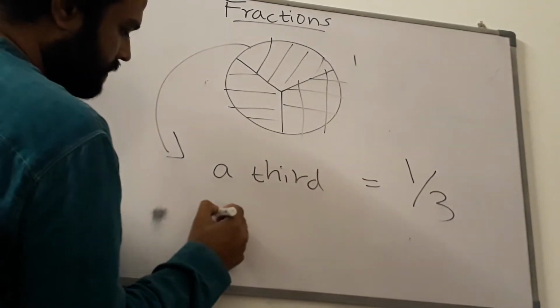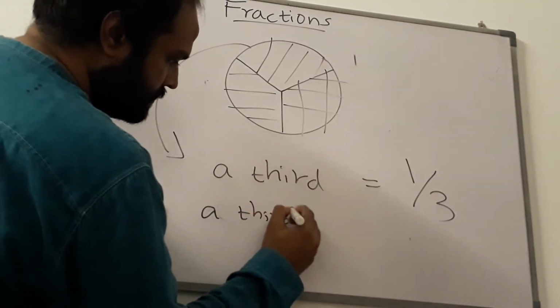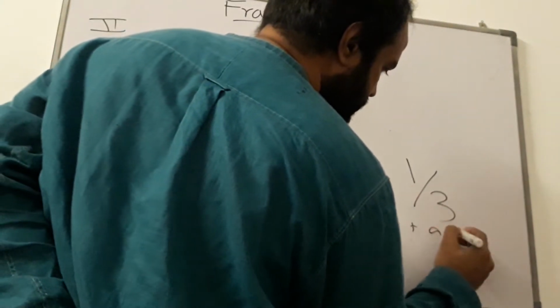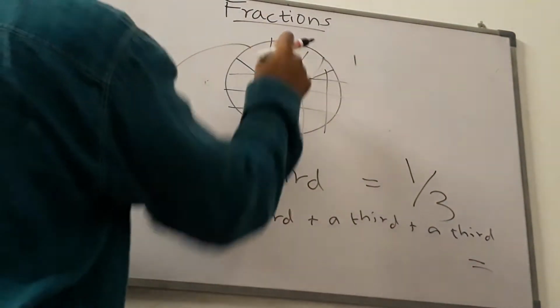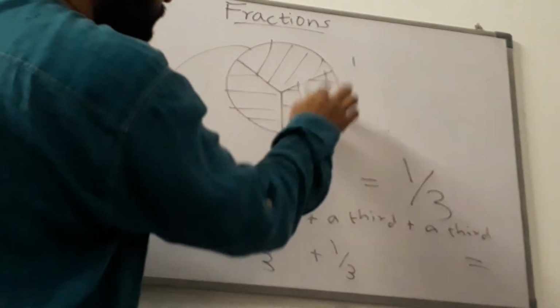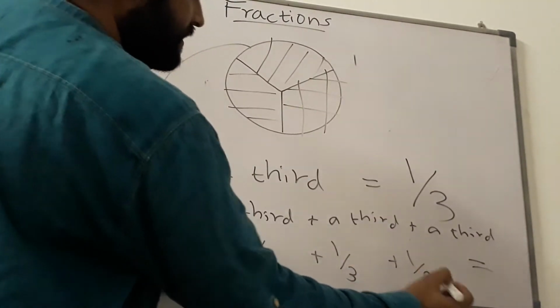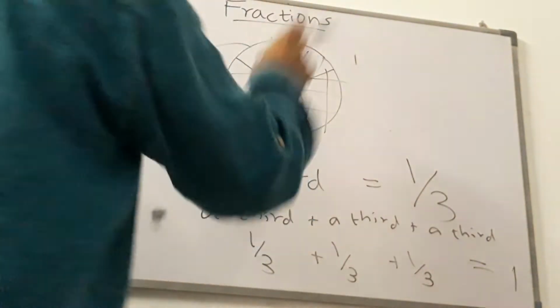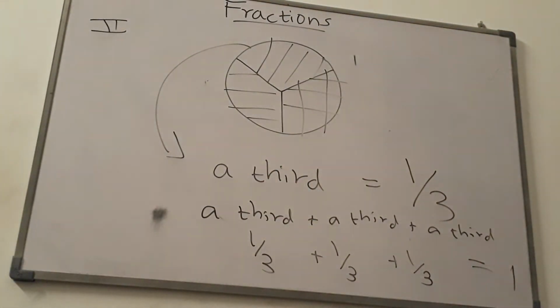A third, plus a third, plus a third, okay, a third, plus another third, plus another third is equal to a complete whole. This is a complete whole circle. So 1/3 plus 1/3 plus 1/3 means a complete whole. Keep this in mind as well.